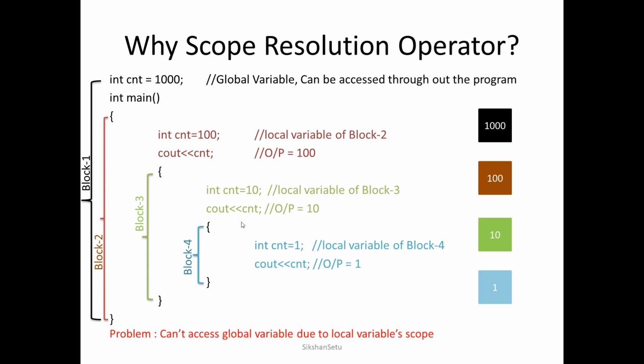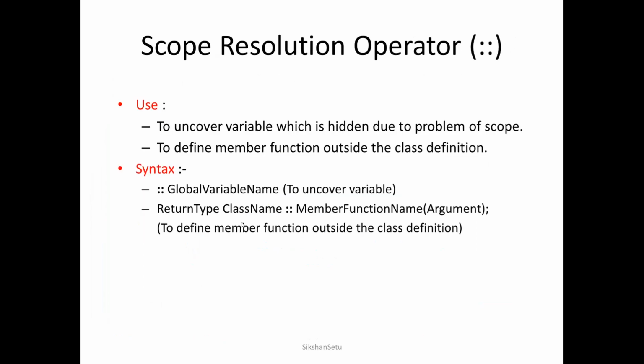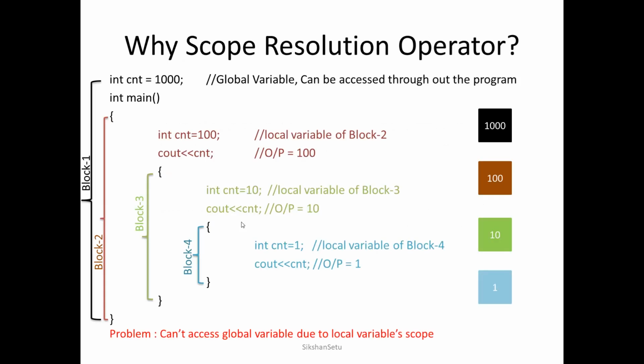So in C++, to solve the problem of local scope, we have the concept of the scope resolution operator. There are two different uses of it. The first use is to uncover a variable which is hidden due to the problem of scope. If we try to understand this line by this example, we can say that the global variable CNT is hidden.